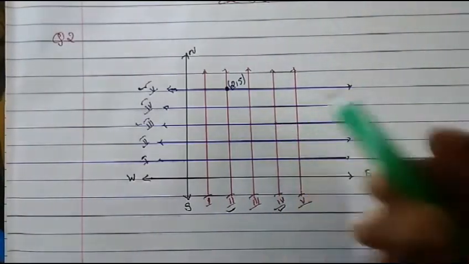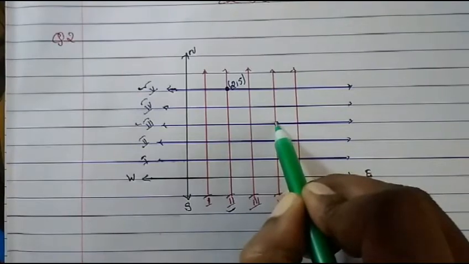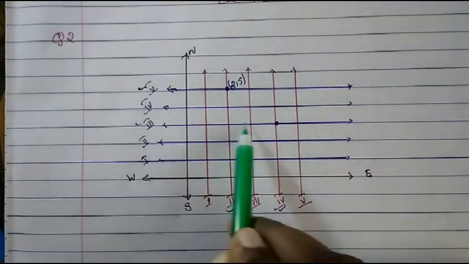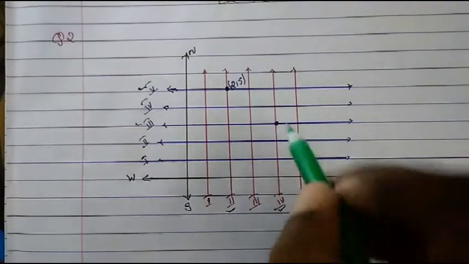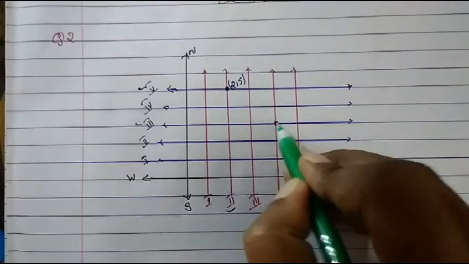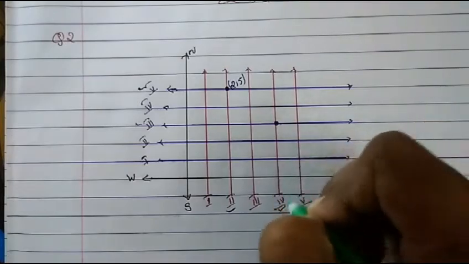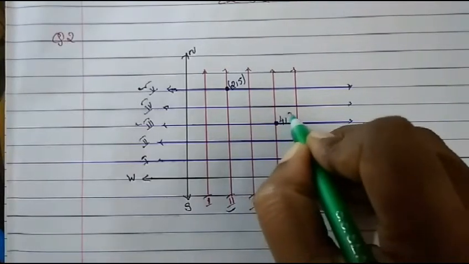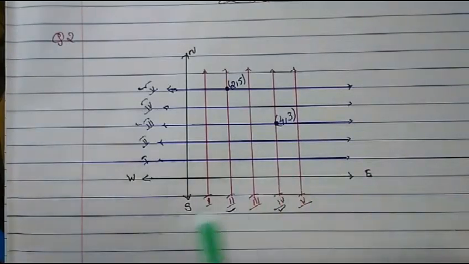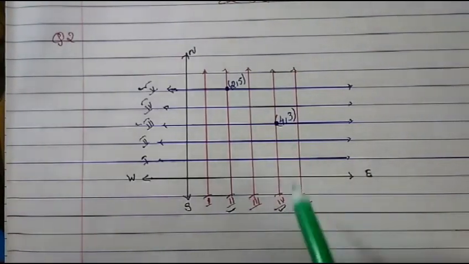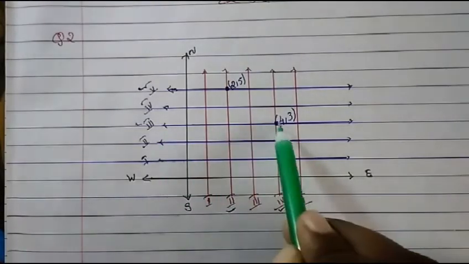So at this point, you see, third one is running this direction and the fourth one is running this direction. So at this point, cross street, and we name it as 4, 3. Okay, first 4. So you have to always see here in this direction number first. So 4 and then 3 here.